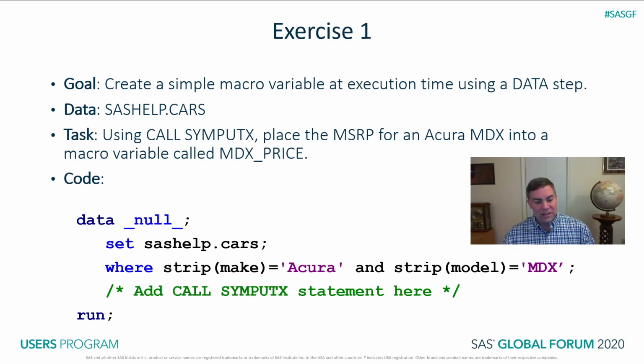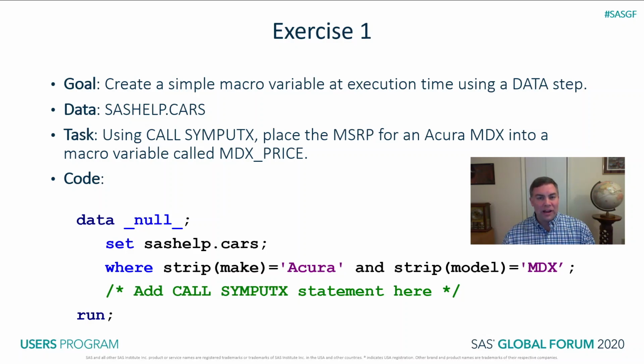All you have to do is add a CALL SYMPUTX statement that will take the MSRP, and by the way, that's the name of the variable, take the value of MSRP and place it into a macro variable called MDX_price.